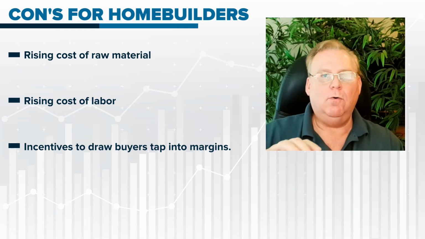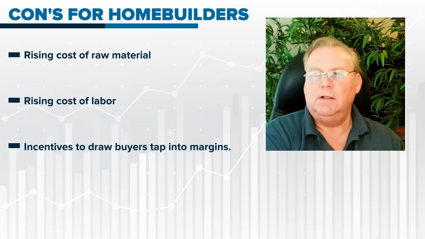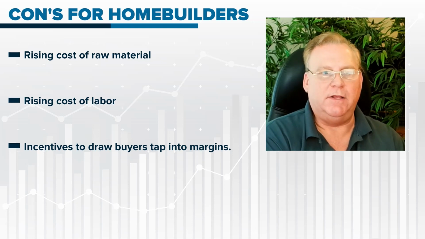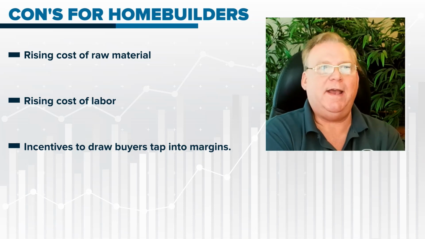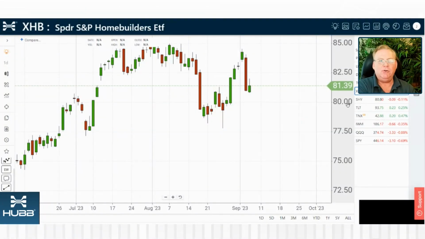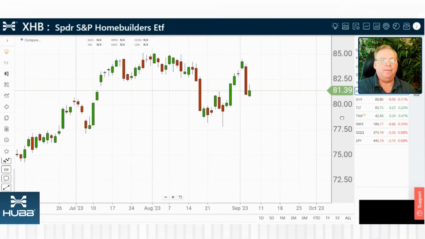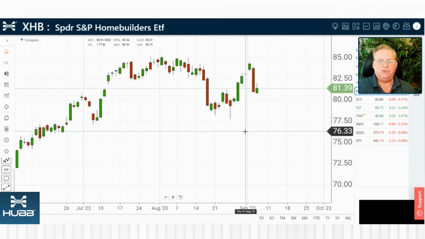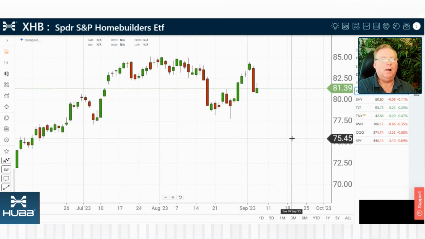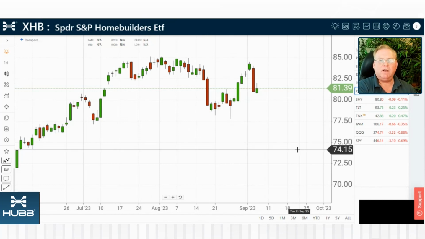All right. So looking at the home builders, let's take a look at the sector as a whole. That would be XHB. And you can see that yesterday, this sector took it on the chin. It was a pretty hard day for the home builders as a whole. Today, there was a little recovery.